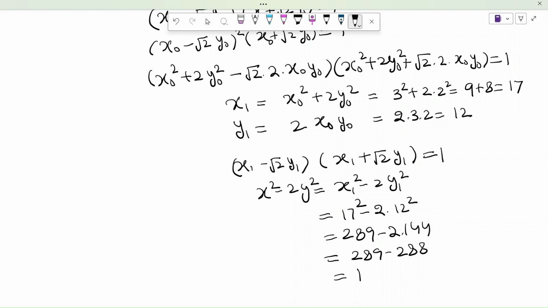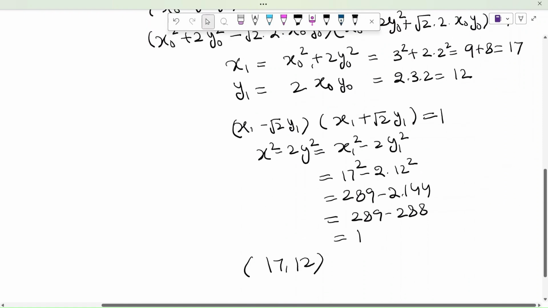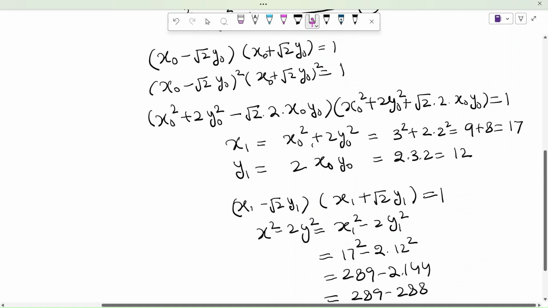Bingo. We got another solution, 17 and 12. So 17 and 12 is another solution. Similarly, we can cube this equation and we get another solution.